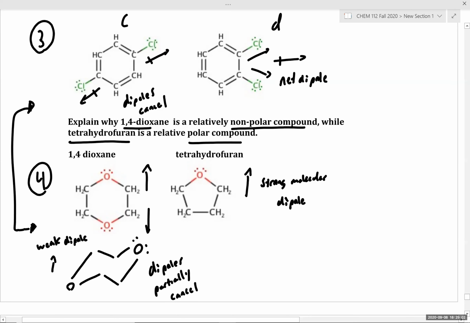Compared to, in this dichlorobenzene example, this molecule is non-polar. So again, we have another link between molecular shape as a result of hybridization and molecular polarity. Does that make sense? Yes. Perfect.